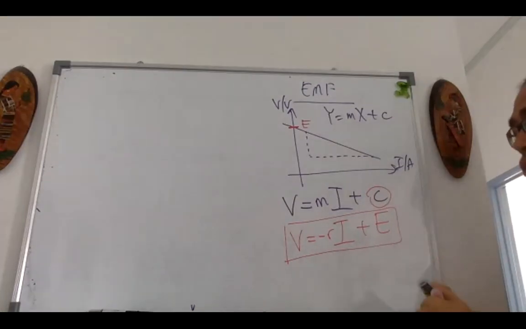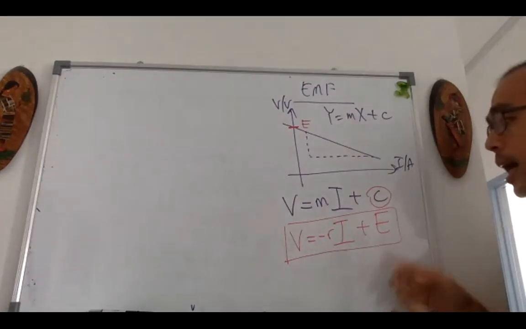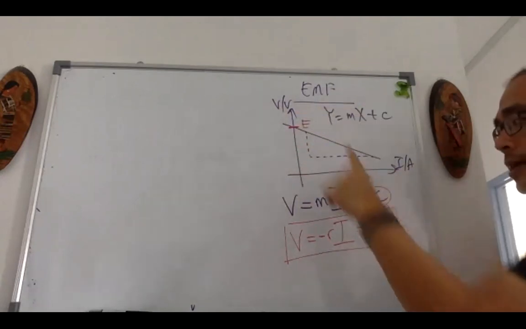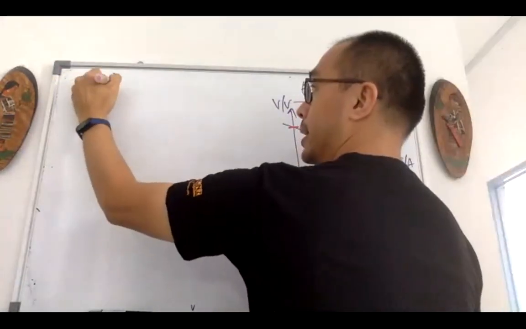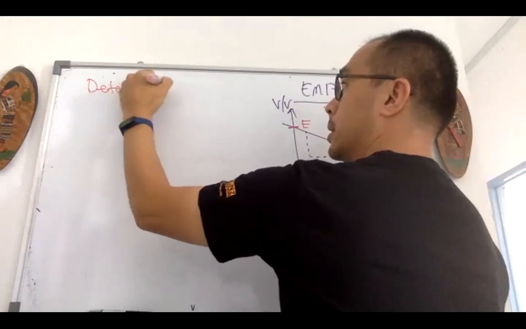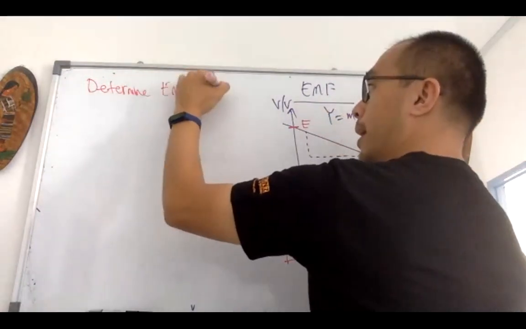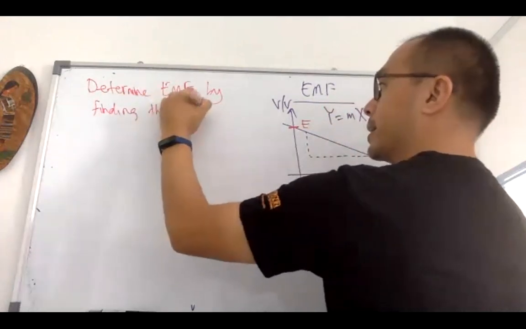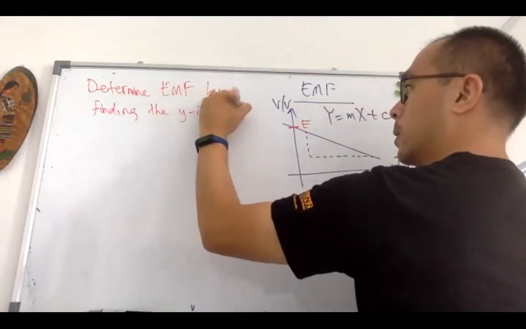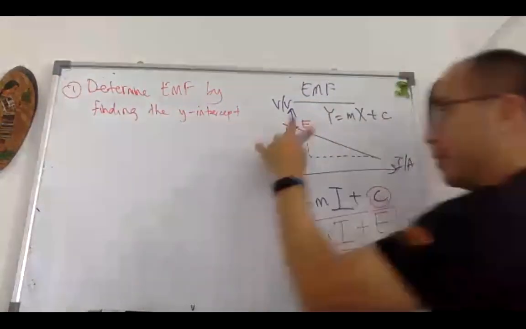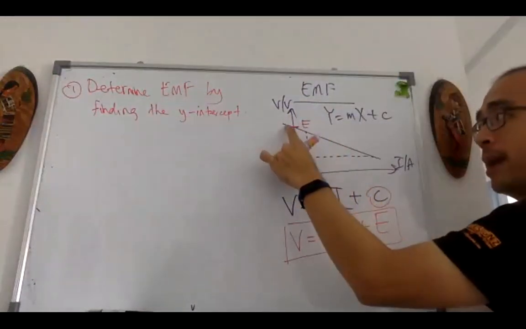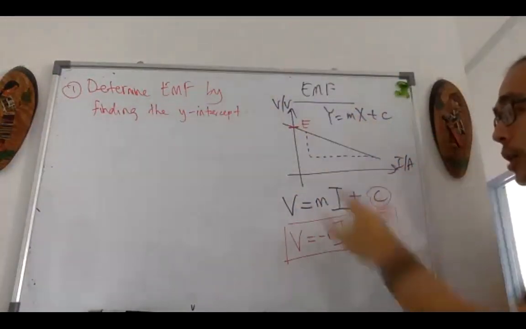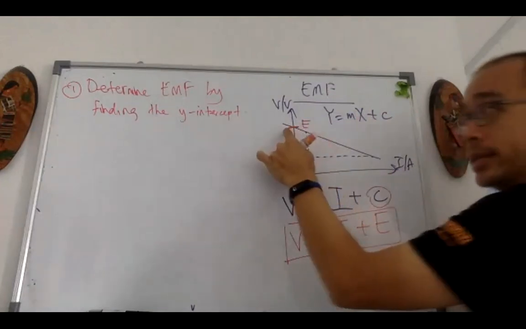But what I want you to know is, if I give you the graph, how do I determine the EMF? Determine EMF by finding the y-intercept. This is the first thing. If I have this graph, I determine the EMF, which is the peak voltage, by determining the y-intercept.